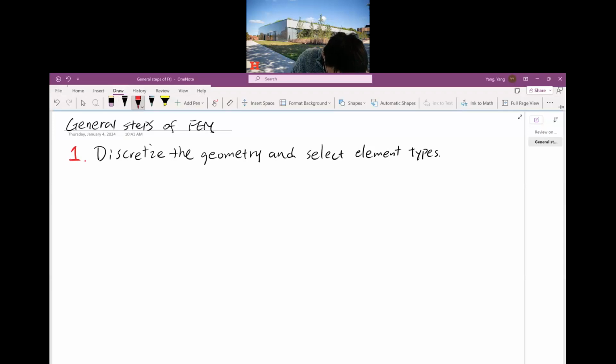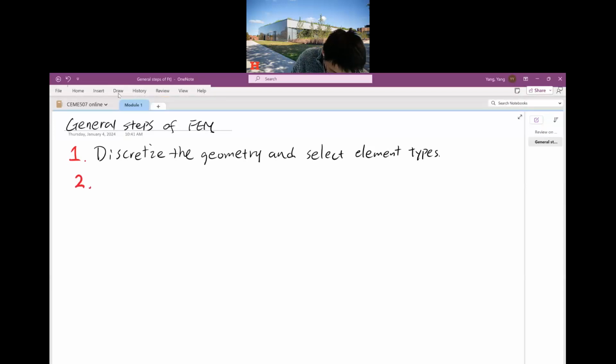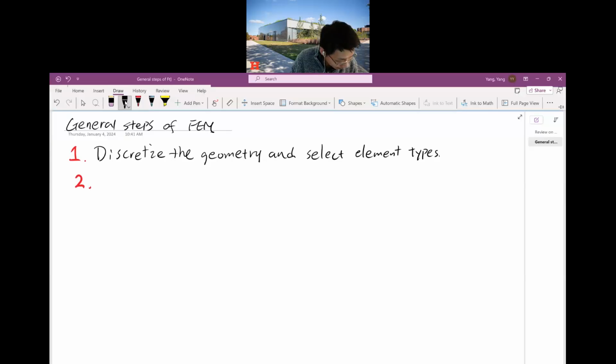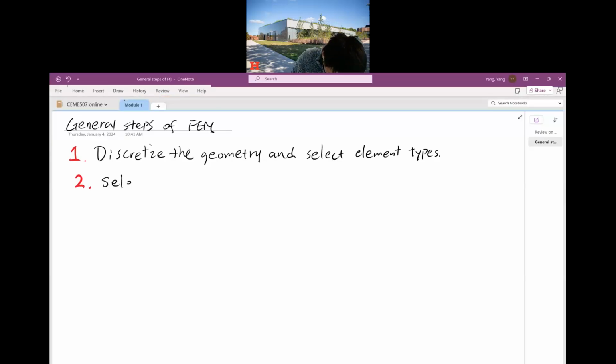So the second step, based on that, we can select the displacement function. As we talk about finite element method, please keep in mind that finite element method is an approximation method to solve differential equations.